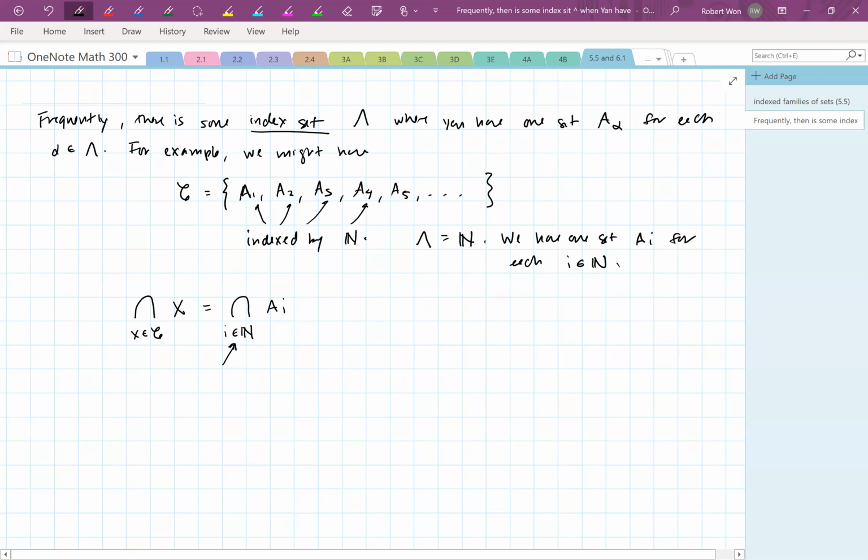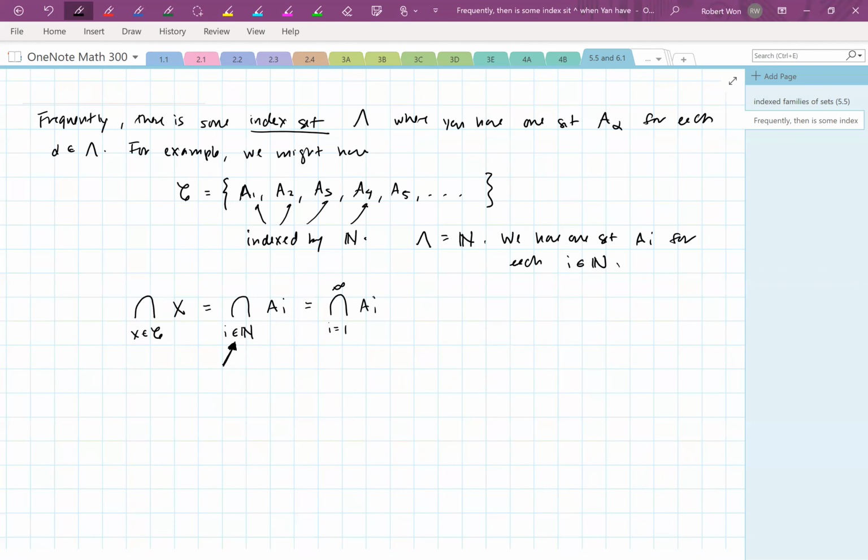I'm saying, take each natural number and intersect A_i, the set indexed by that natural number. Another way to write this is the intersection from i equals 1 to infinity of A_i. All of these are valid notations for the intersection of all the sets in C. These are all the elements that are in every one of the A_i's.